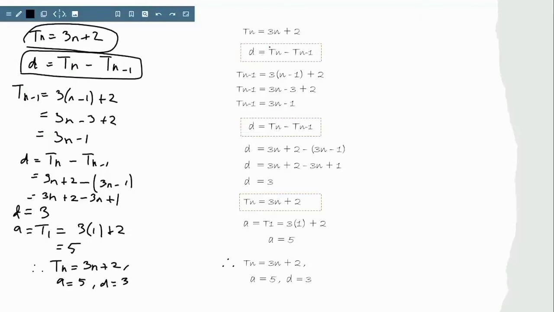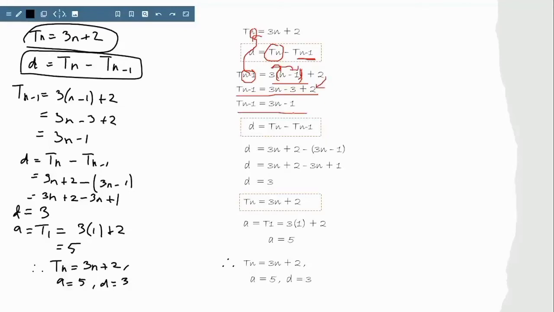To get the value of D, we have to subtract Tn minus 1 from Tn. We already have Tn, so we have to find Tn minus 1. To find Tn minus 1, we substitute n minus 1 into the Tn equation. So put the bracket, put n minus 1 here. By solving this, 3 multiplied with n, 3 multiplied with negative 1, we get 3n minus 3 plus 2.